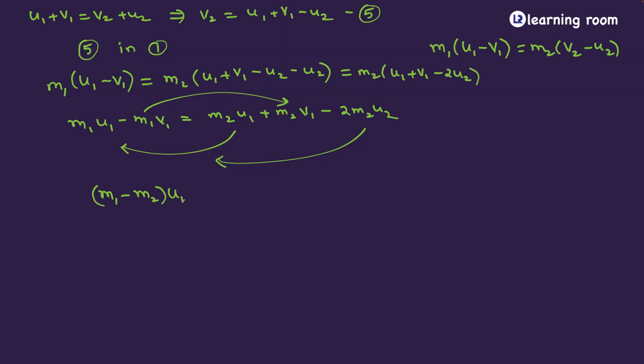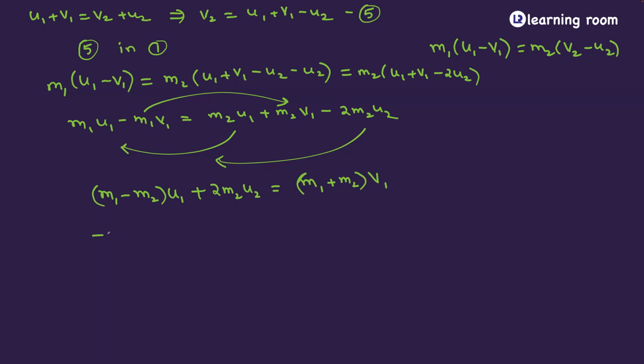Minus 2 m2 u2 comes to the left hand side as plus 2 m2 u2, is equal to m1 v1 plus m2 v1, which is m1 plus m2 into v1.